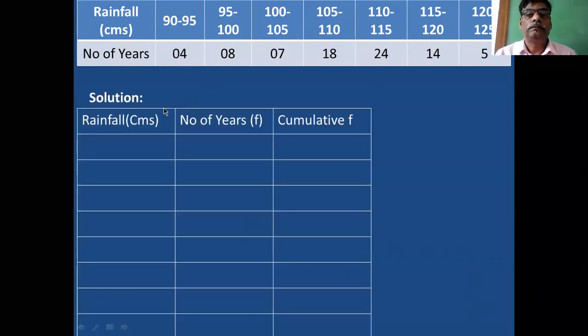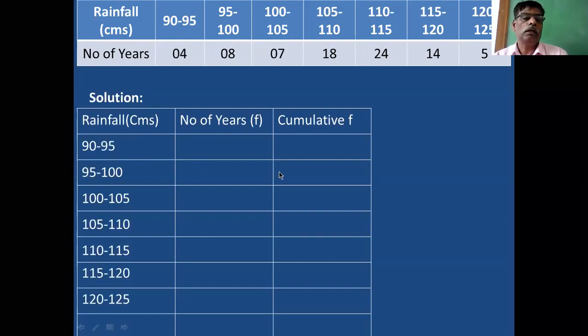Write the rainfall classes. This is the class. Then the frequencies 4, 8, 7, 18, 24, 14, 5. The total is 80. Then how to calculate cumulative? You write 4 as it is, the first item as it is.